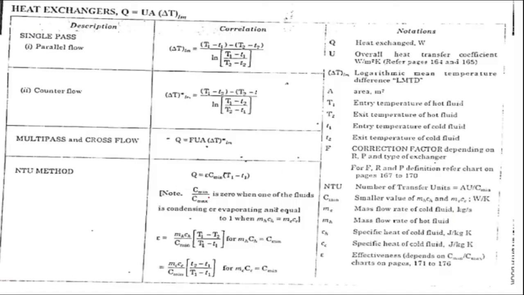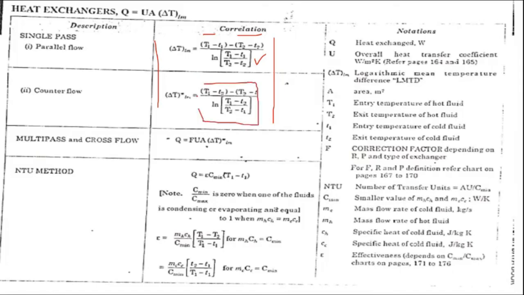I'll just show you a picture of the data handbook. So for the data handbook, here what we have, this is LMTD for parallel flow heat exchanger, LMTD for counter flow heat exchanger. It is of the form theta 1 minus theta 2 by ln theta 1 by theta 2. But they are not giving the values in terms of theta. They are giving you the values in terms of temperature differences.